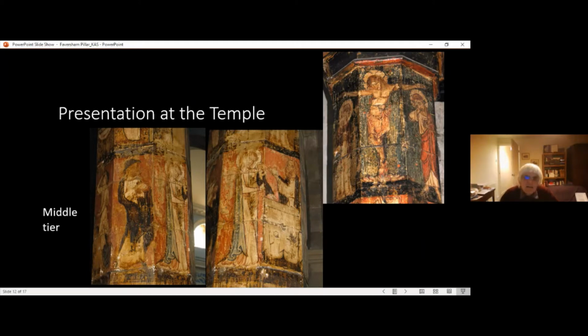And I don't know if you can see, but Christ's hand is raised in blessing. And it's also worth noting that we have on this Christian altar in the temple what appears to be a chalice.